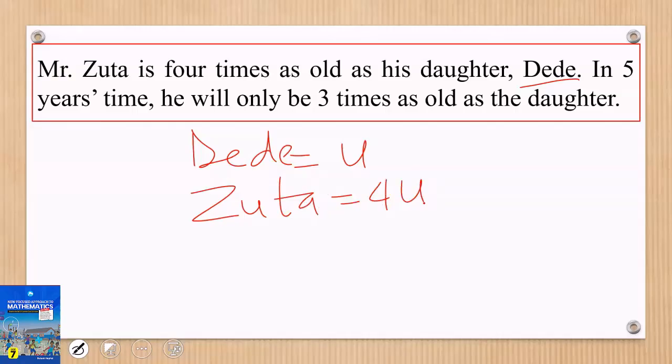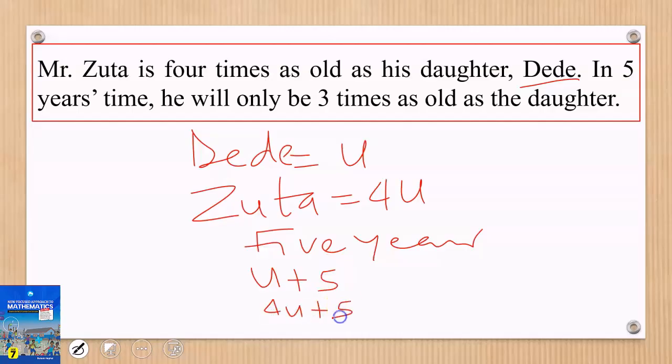Now, full stop. In 5 years' time, let's pause there. He will only be 3 times as old as the daughter. In 5 years to come, the daughter will then be u plus 5. Mr. Zuta will be 4u plus 5. So 5 years to come, these will be their ages.